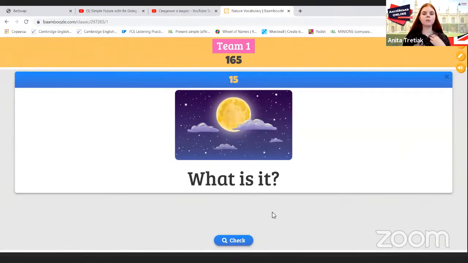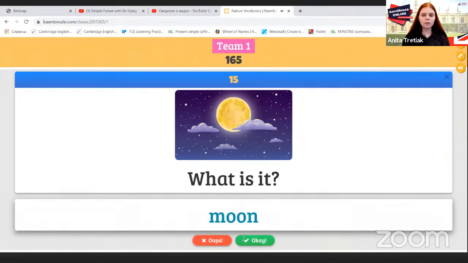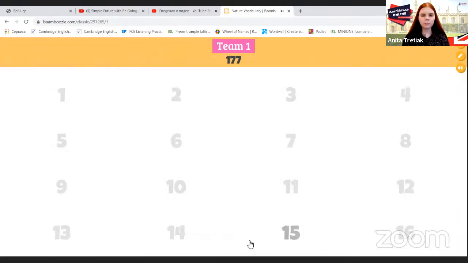What can you see in this picture, guys? And this is night, as you think, right? And yeah, I saw the comment about the moon as well.